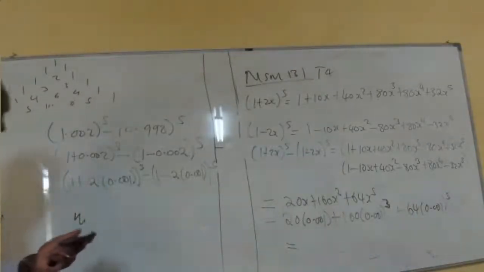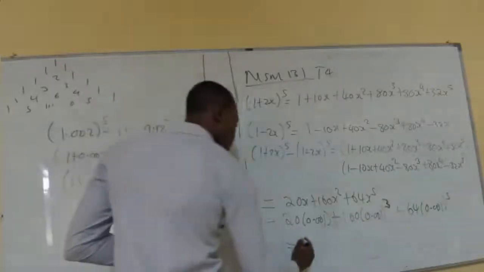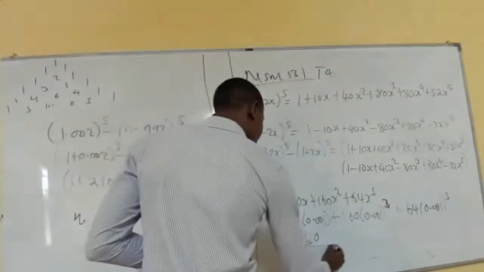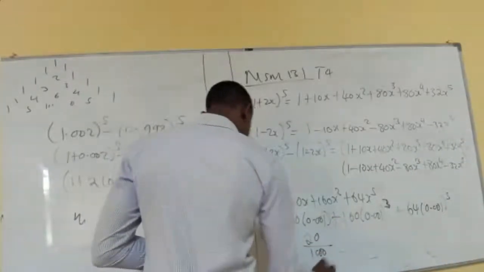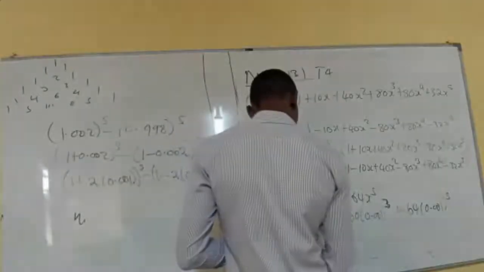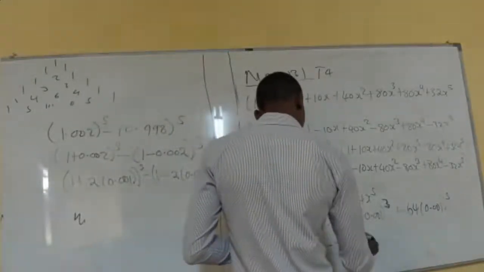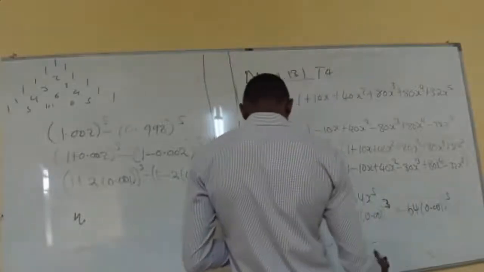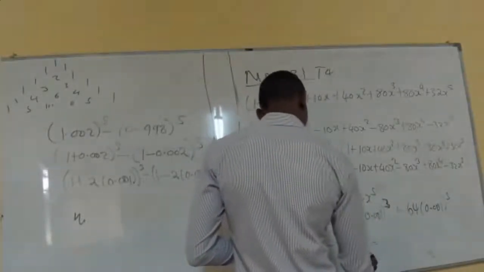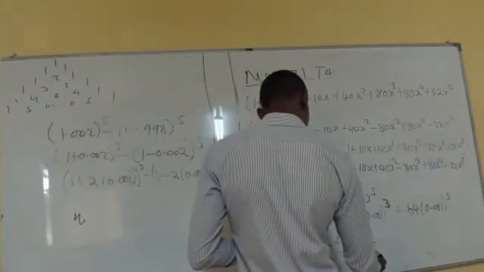So if you do that, let me write it for you. This is the same as 20 over 1000, then we have plus 160 over 1000 to the power 3, which is 1 billion, as I said.